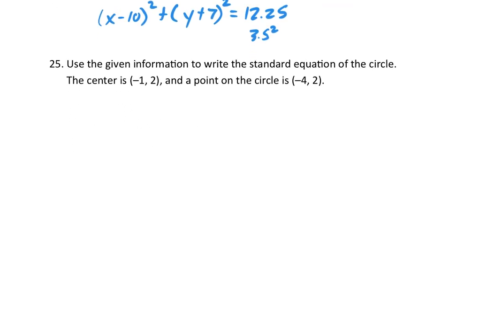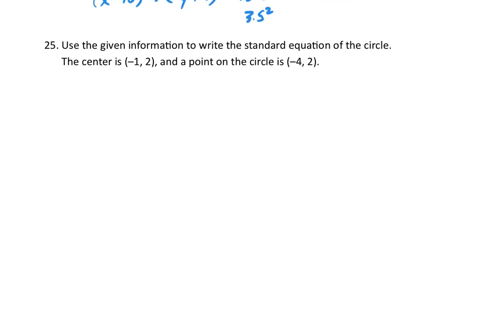All right. On 25, there's two ways to do this one. If I have a circle, and I want to find the length of the radius, if I don't know the radius, then I can find the distance between the center and the edge. We know that's called the radius, and in order to get that radius, we could do the distance.